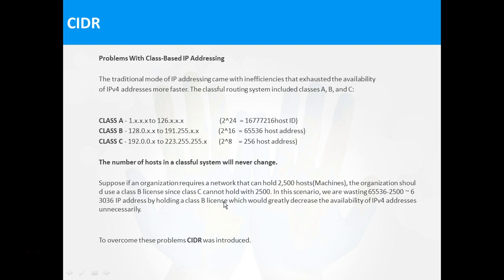This is a serious problem. You are paying money, but you are not consuming it with the old, classical or traditional technique. To overcome this problem, CIDR was introduced. CIDR, Classless Interdomain Routing.